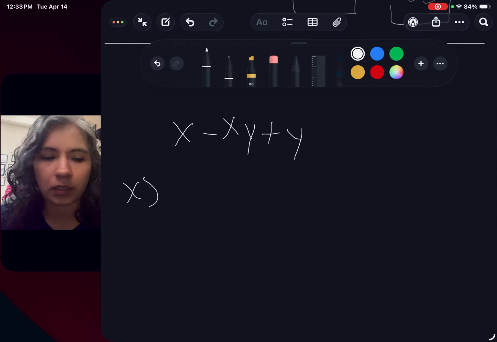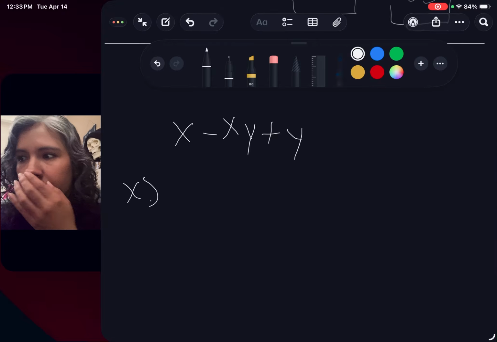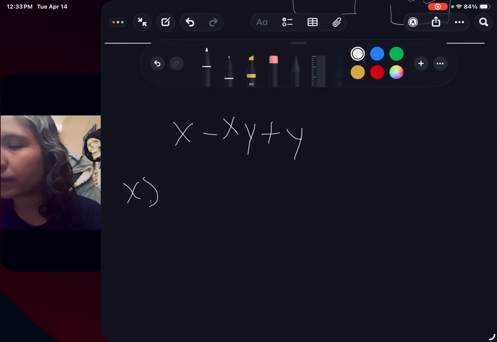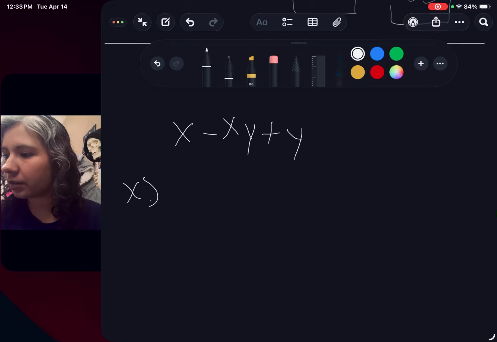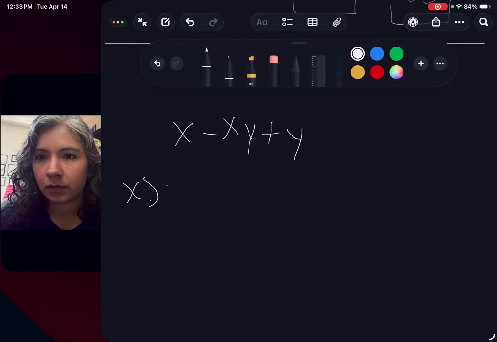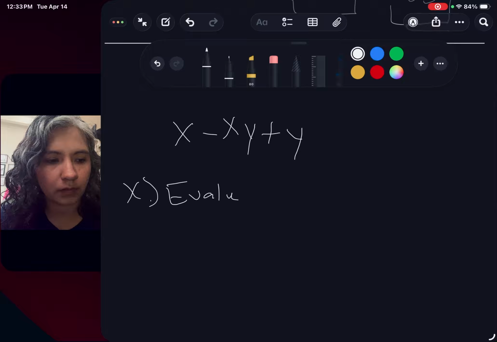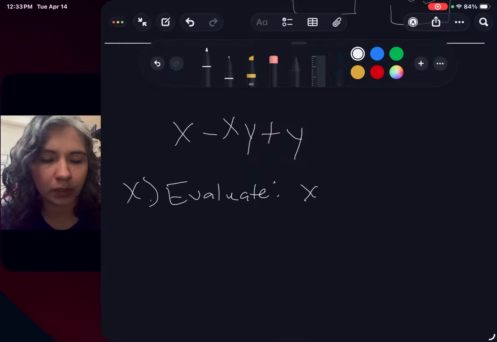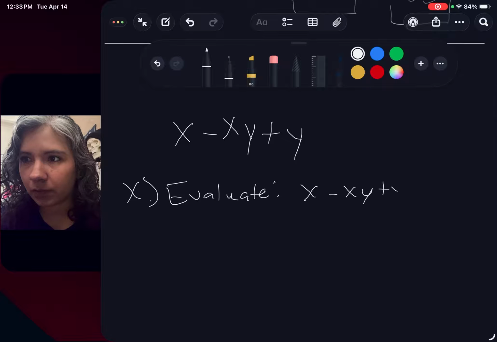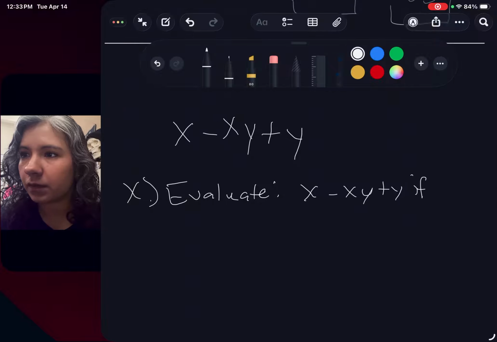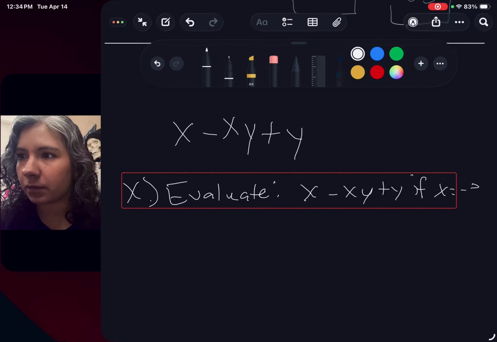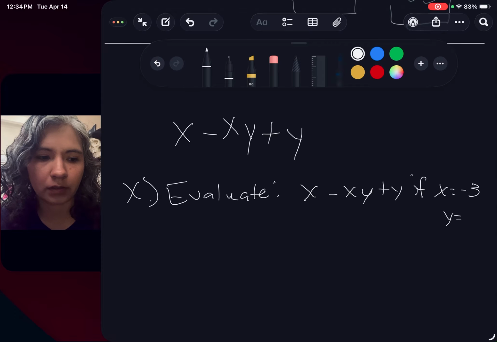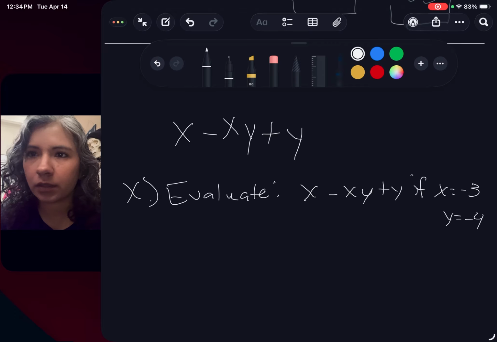So let's do an example, and let's evaluate x minus xy plus y if x is -3 and y is -4.